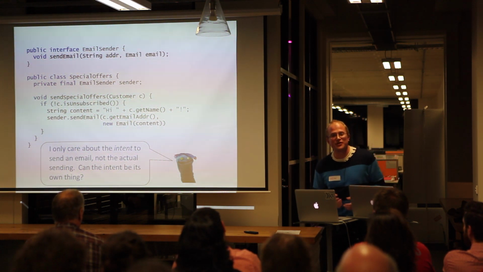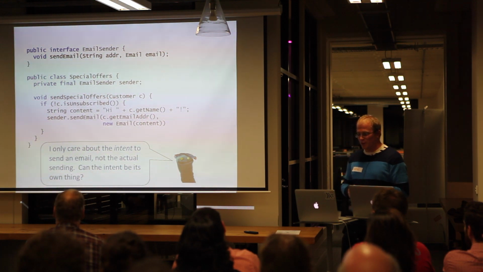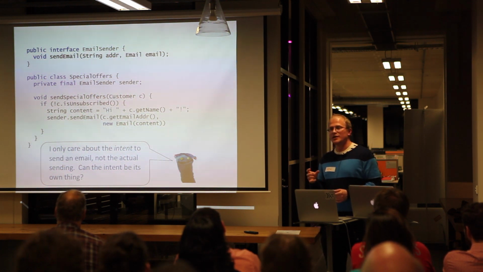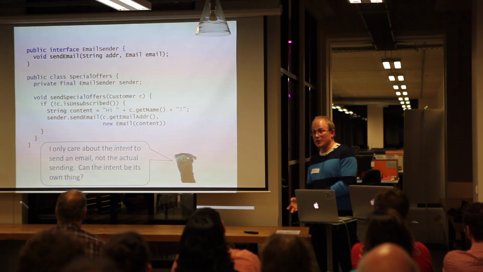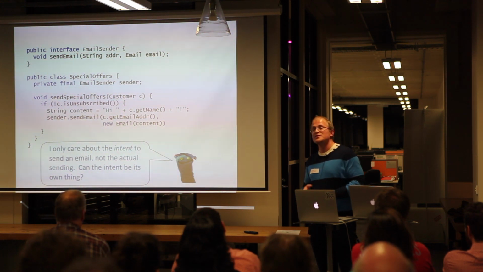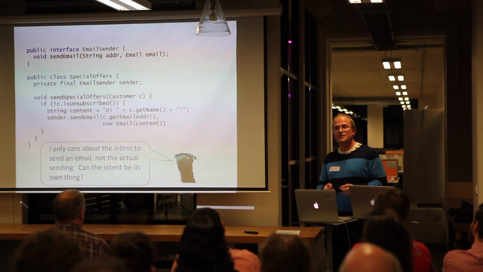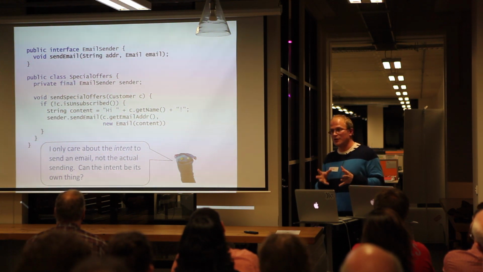It depends, we don't know. So we're not actually going to send emails in our test, and we're not testing that we're actually going to send emails. All we're testing is the intent to send an email. And that is actually the important thing that we want to test here. We want to test the intent, that the code formed the correct intent to perform that effect.